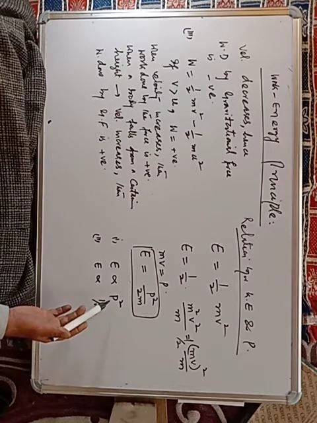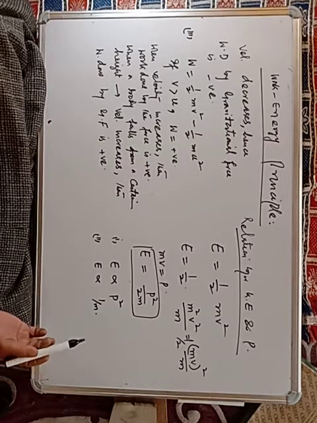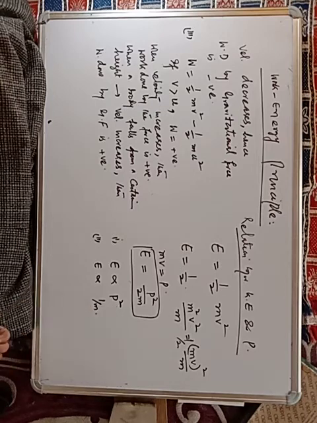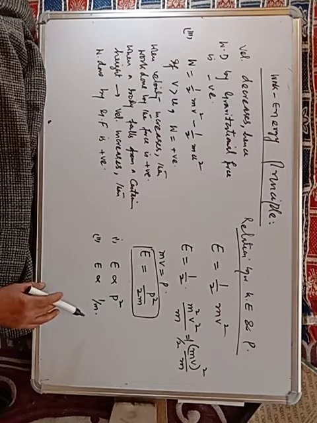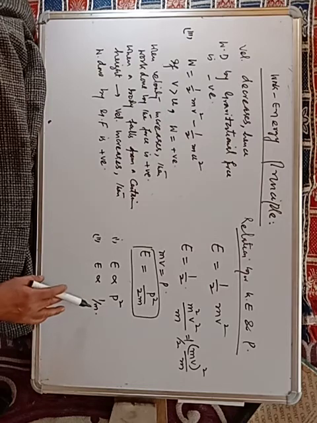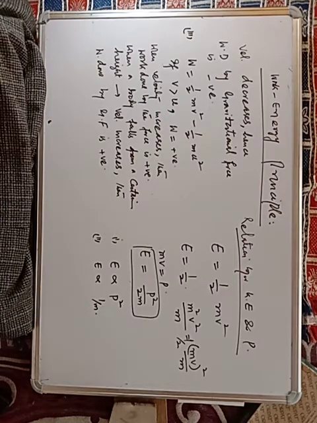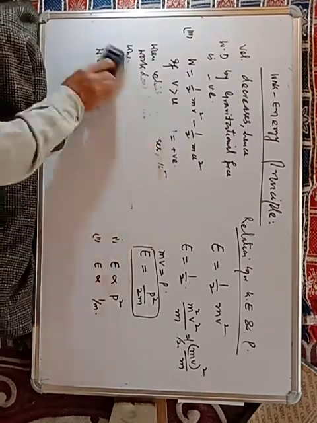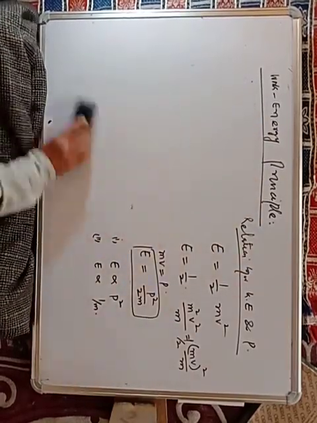So if momentum of the body increases or it becomes double, the kinetic energy will become 4 times, because it is directly proportional to the square, and it is inversely proportional to the mass. If mass decreases, kinetic energy increases. If mass increases, kinetic energy decreases. So this is the relation between kinetic energy and momentum of a body.